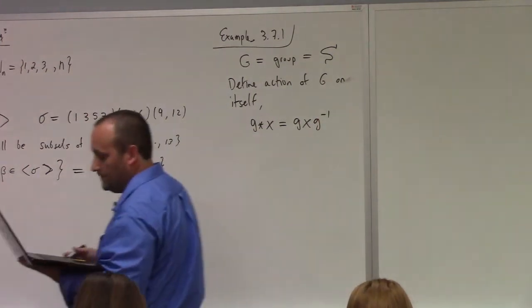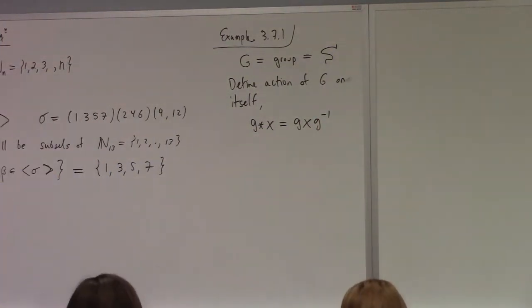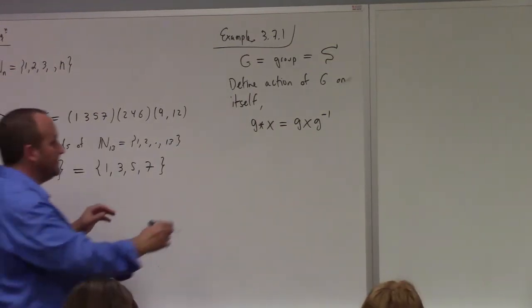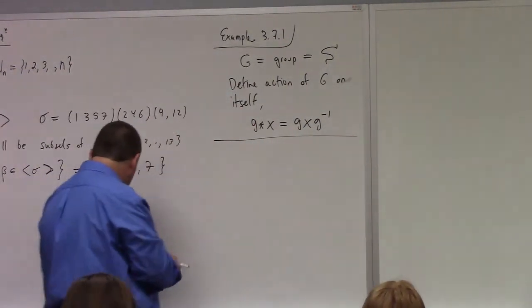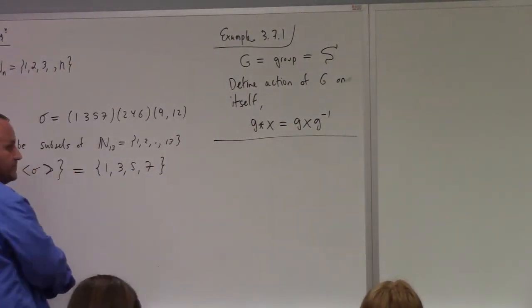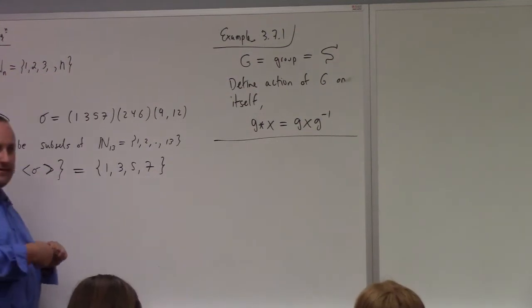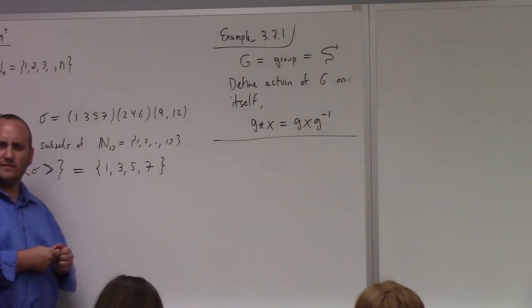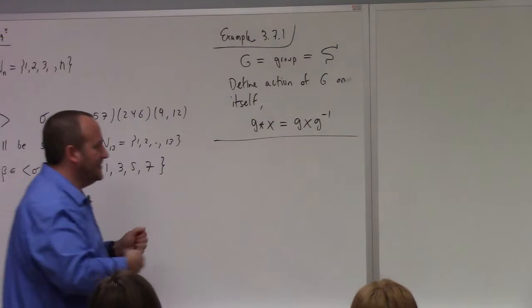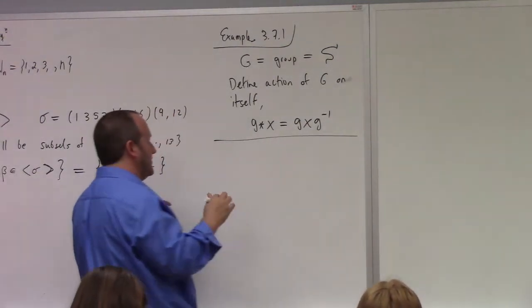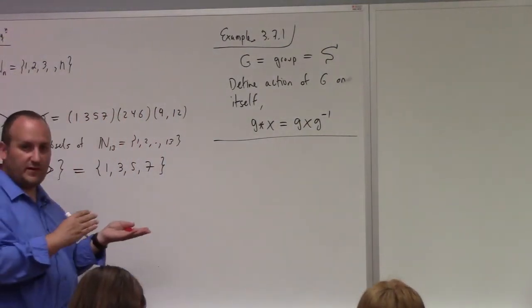All right? Now, is this a group action? What do we need to check? What are the 3 axioms? Well, there's a precursor to that, which is that the star is actually a map.